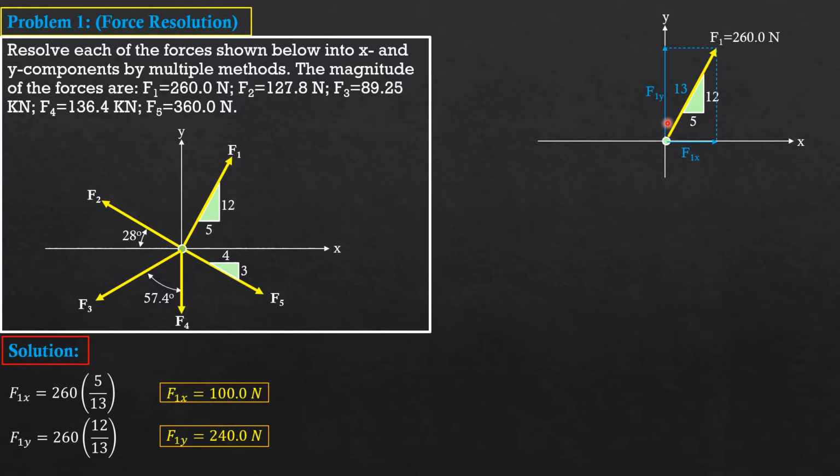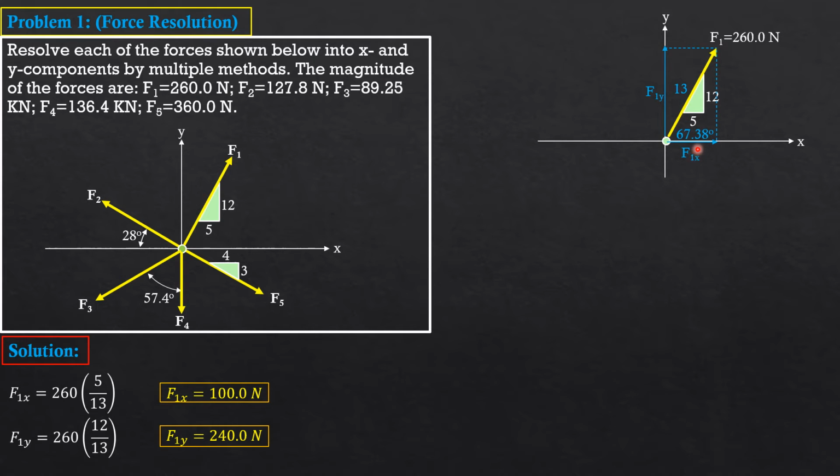Now, in terms of the angle, remember from trigonometry, angle is measured positively in counterclockwise direction from the positive x-axis. This is the terminal side of the angle or the force. Therefore, this angle here in counterclockwise direction is inverse tangent of 12 over 5. So inverse tangent of 12 over 5 is 67.38 degrees, and that's positive because from the positive x-axis to the terminal side of the angle, or to the direction of the force, it's counterclockwise.